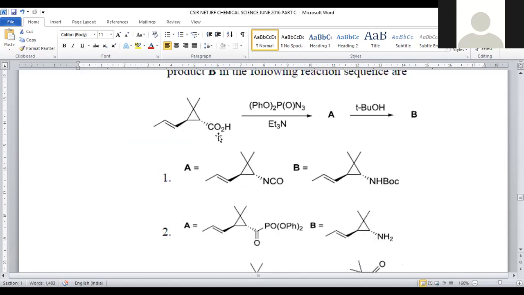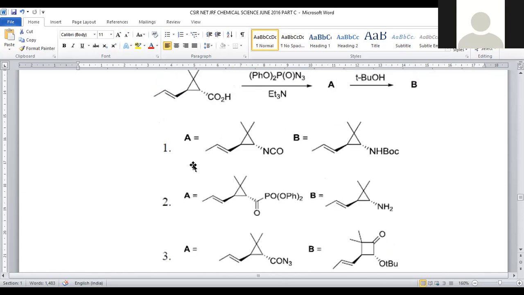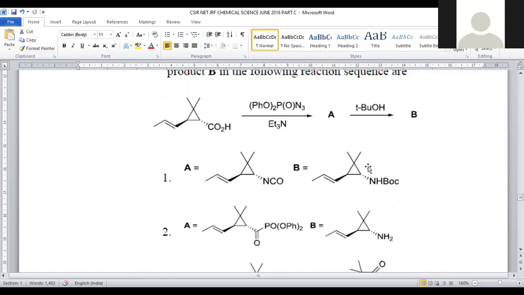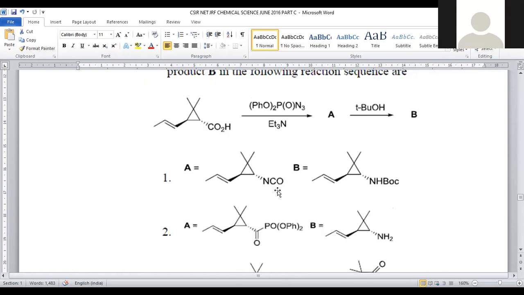So this is a kind of Schmidt reaction followed by protection of this nitrogen, so BOC will be generated. So isocyanate formation is compound A, and NH-BOC will be compound B. In option 1, isocyanate followed by N-protected BOC will be obtained. So for question number 105, option number 1 is the correct answer.